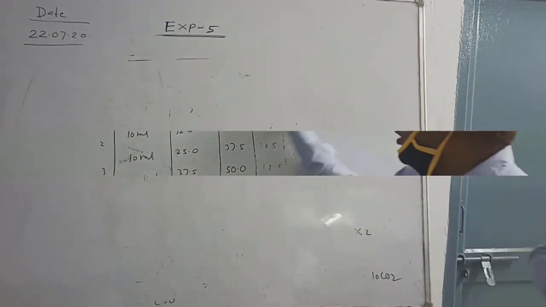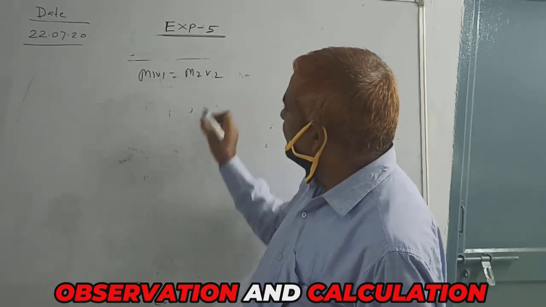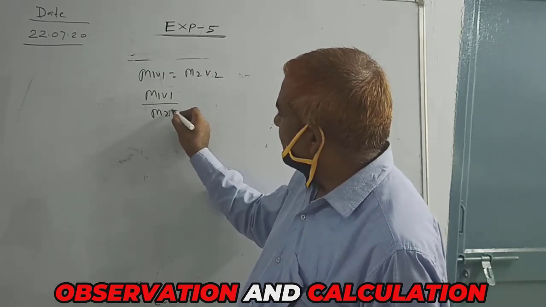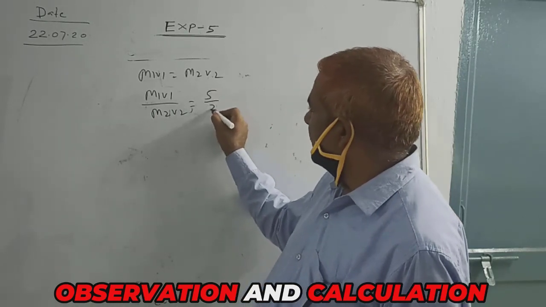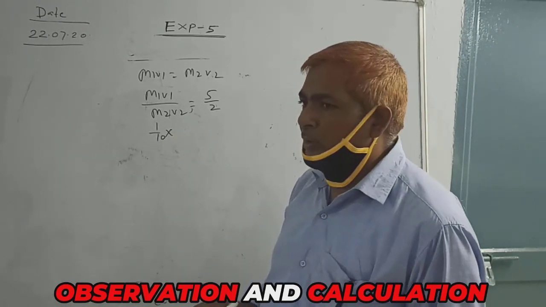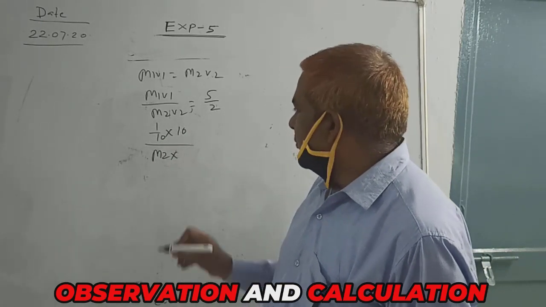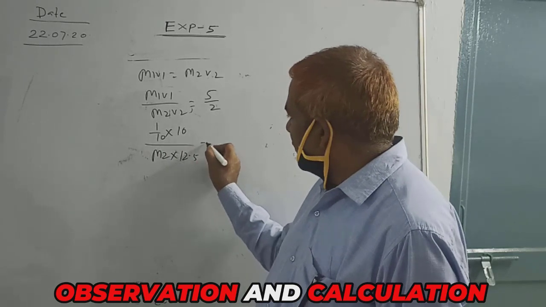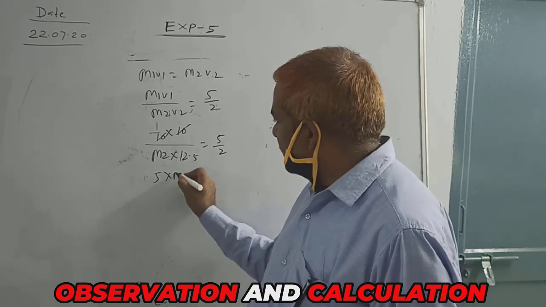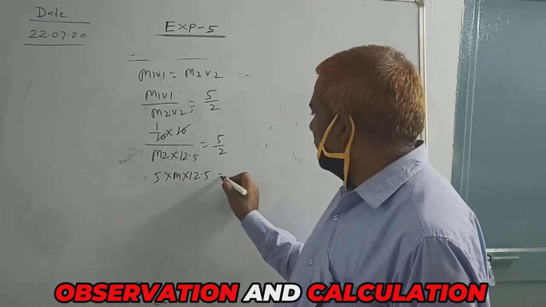Now M1V1 equal to M2V2, or M1V1 by M2V2. We have to observe the ratio is 5/2. The value of M1 is 1/10. The volume of oxalic acid is 10. M2 is going to be calculated, and V2, the concordant reading, is 12.5, equal to 5/2. 10 cancels, meaning 5 into M2 into 12.5 equal to 2.